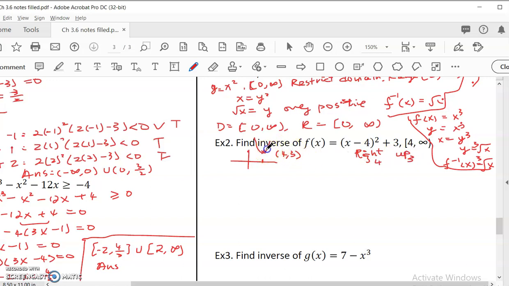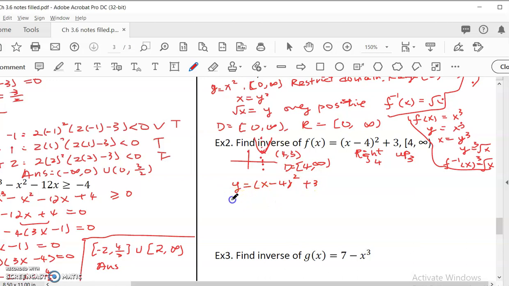So you can tell that if we want to restrict it so that there is only a one-to-one function, we would say the domain should be from 4 to infinity, but they already told us that it's 4 to infinity. So we would just do it. So y equals x minus 4 squared plus 3.